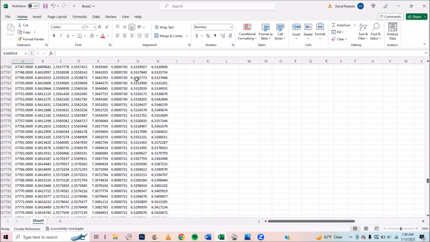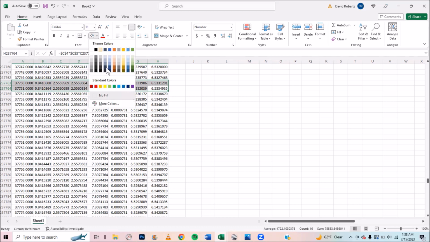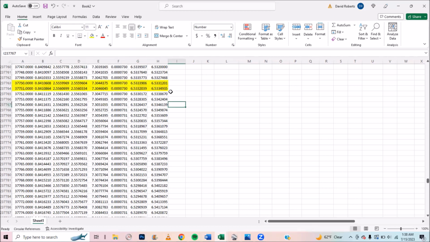The answer is right here. So 0.532 is not bigger than 0.534. But 0.533 is bigger than 0.5331. 0.5332 is not bigger than 0.5. So there it is. Booyah.